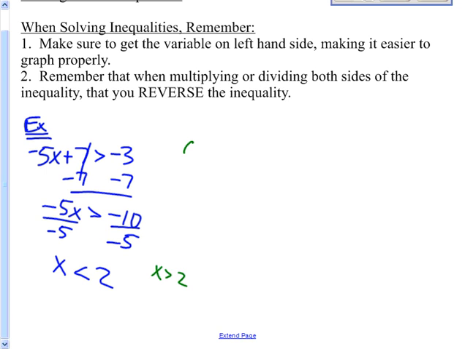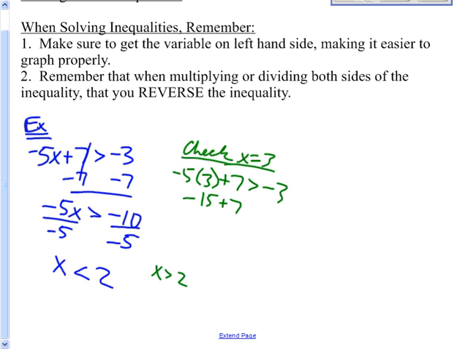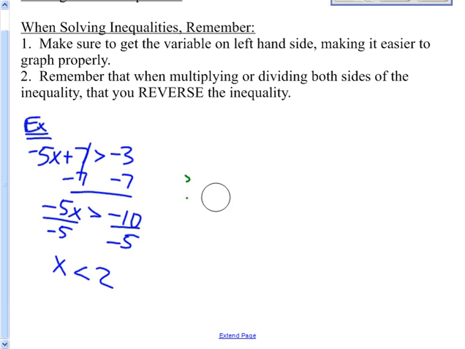Well, if you plug that in, check x being 3, since 3 is greater than 2, and you plug that in, you got -15 plus 7 is greater than -3, and you're like, wait a minute, -8 is not bigger than -3, right? -8 is actually smaller than -3. It's less than -3. So you've got to remember, you've got to switch that inequality whenever you divide both sides by a negative number, or if you multiply both sides by a negative number.